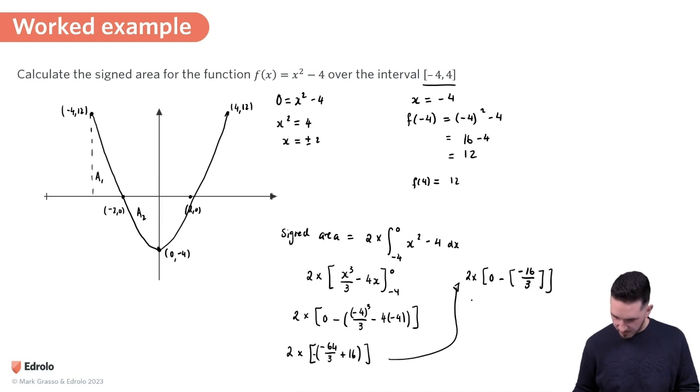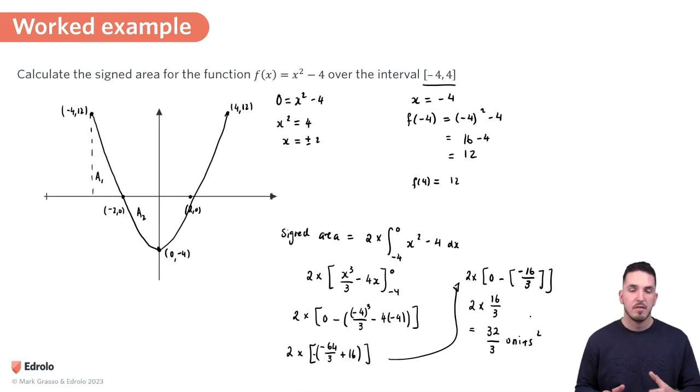So therefore we have 2 times, negative becomes a positive, so 2 times 16 on 3 will equal 32 on 3 units squared. And that is the net signed area for f of x over the interval of -4 to 4.